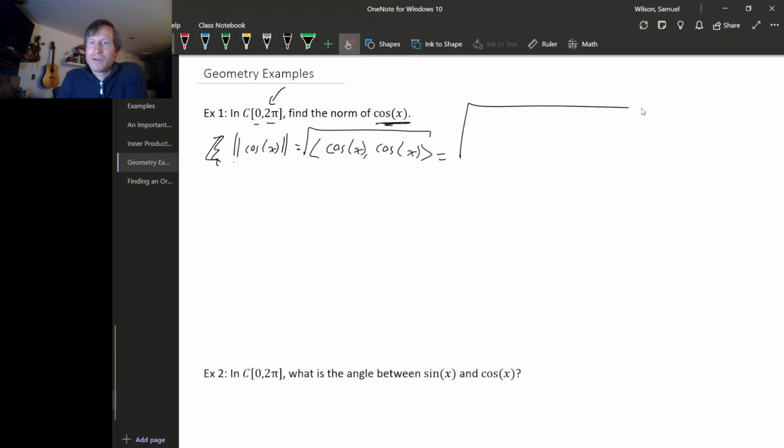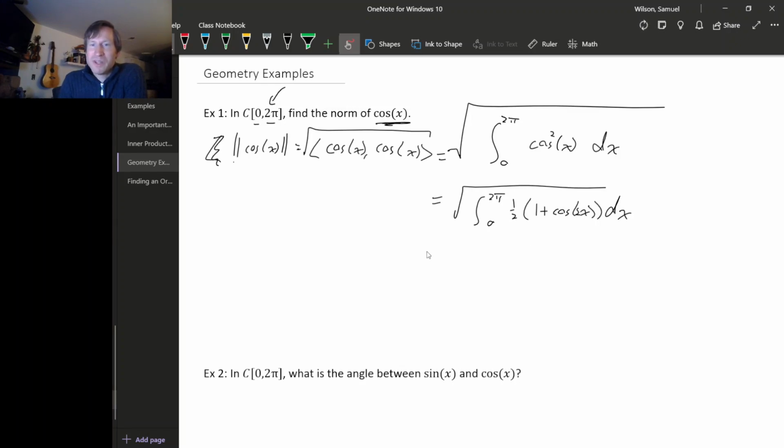So we need the square root of the inner product, which is the integral from 0 to 2 pi of cosine of x times cosine of x. So that's cosine squared of x. This is a typical Calc 2 kind of integral. We need to use a trig identity: cosine squared is the same as 1/2 times (1 plus cosine 2x).